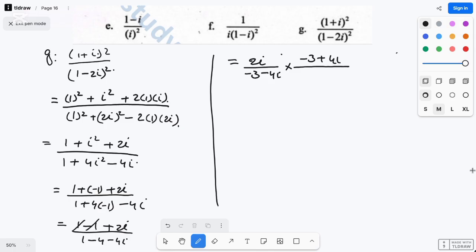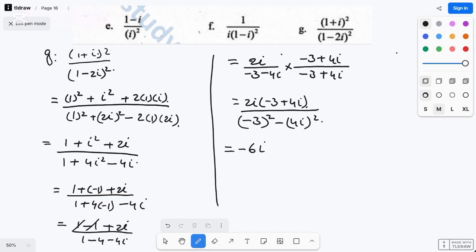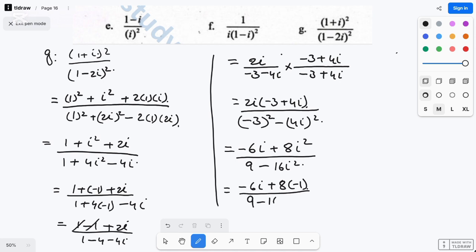Multiply by the conjugate, minus 3 plus 4 iota over minus 3 plus 4 iota, equal to 2 iota into minus 3 plus 4 iota divided by the square of the first term minus the square of the second term, equal to plus into minus, minus 6 iota plus 8 iota square divided by 9 minus 16 iota square, equal to minus 6 iota plus 8 into iota square, in place of which minus 1, divided by 9 minus 16 into iota square, in place of which minus 1, equal to minus 8 minus 6 iota divided by 9 minus minus plus 16.